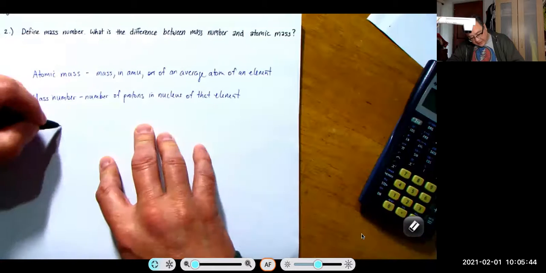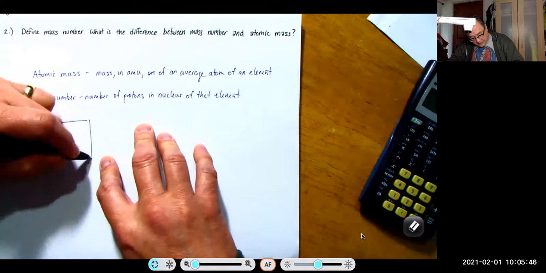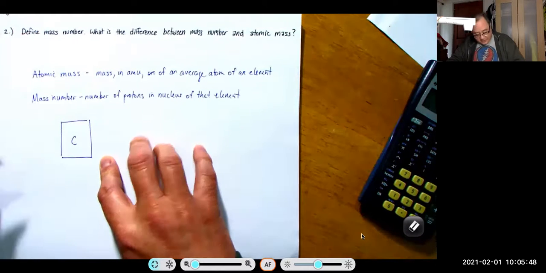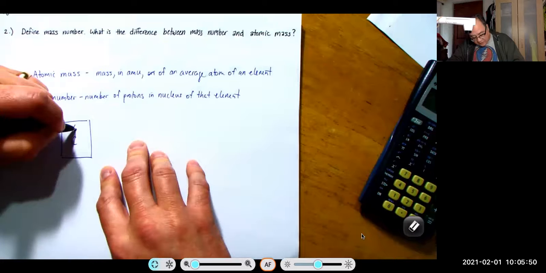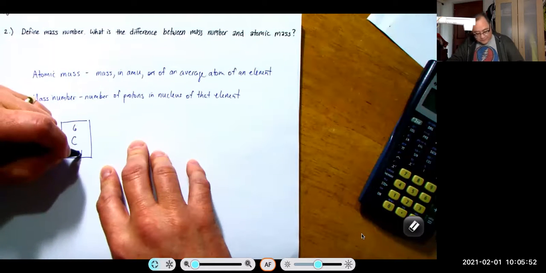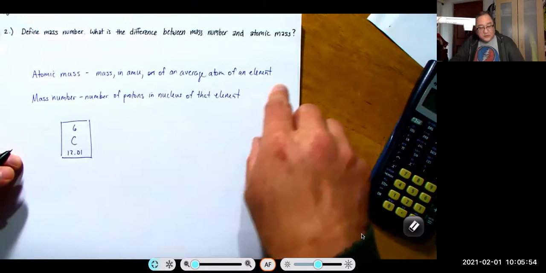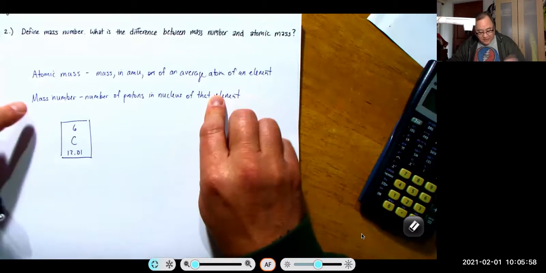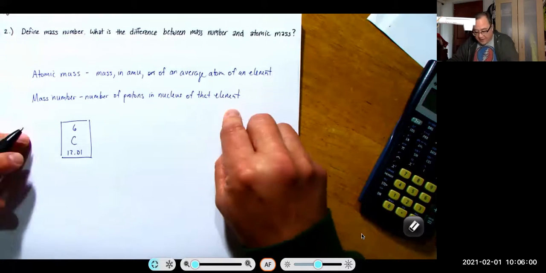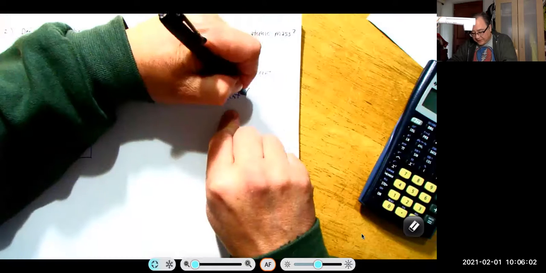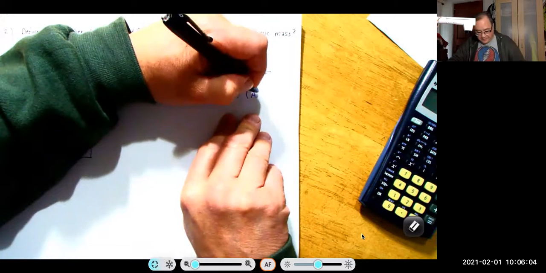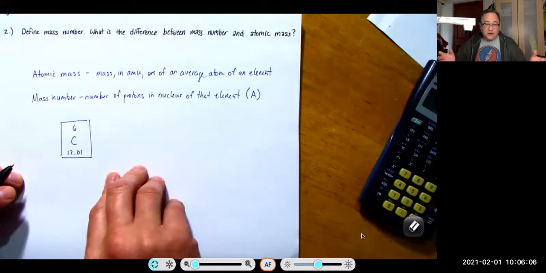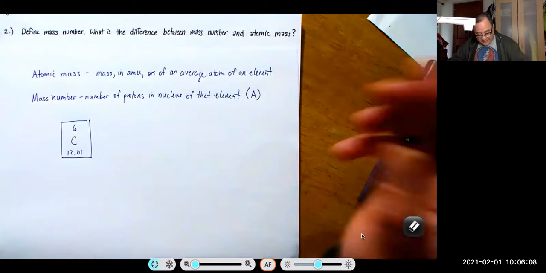If we take a look at carbon here, there's the number 6 at the top and 12.01. We have symbols for mass number, not for atomic mass. For mass number, the symbol is A. Don't ask me why.